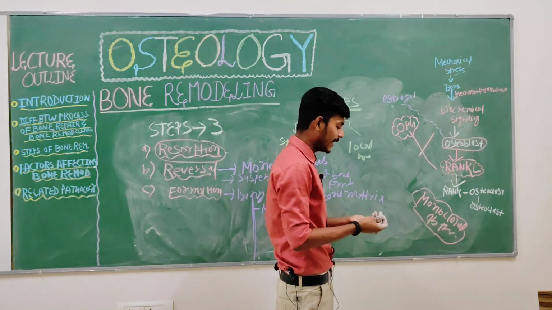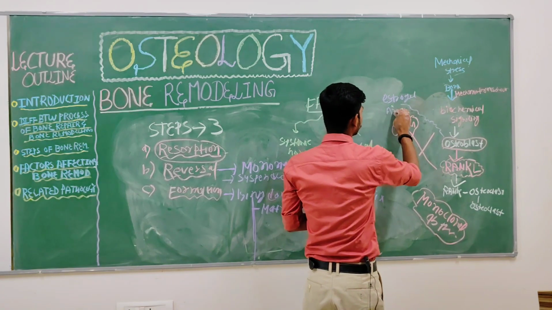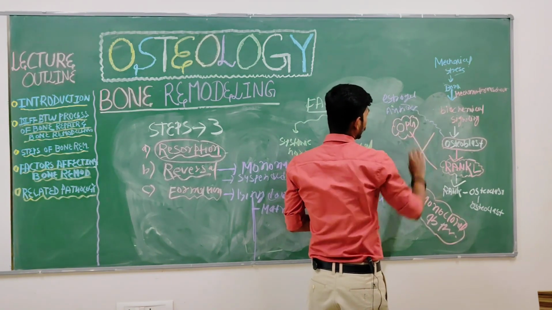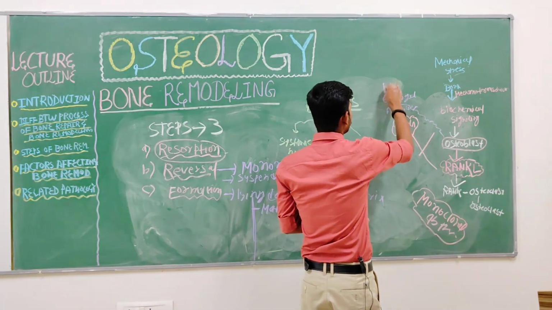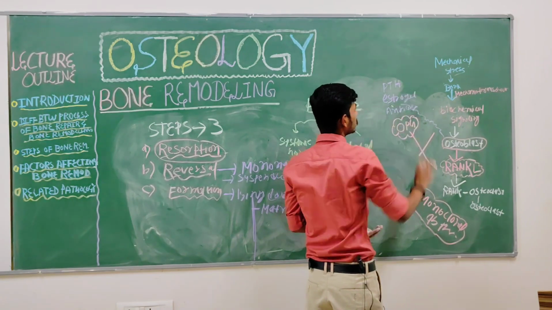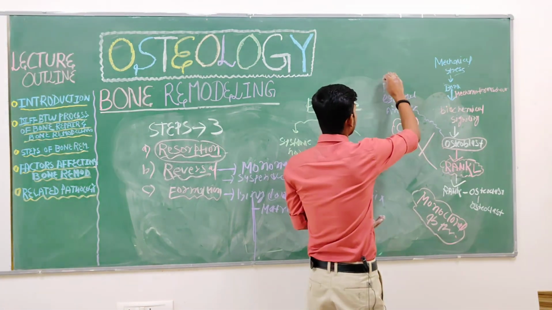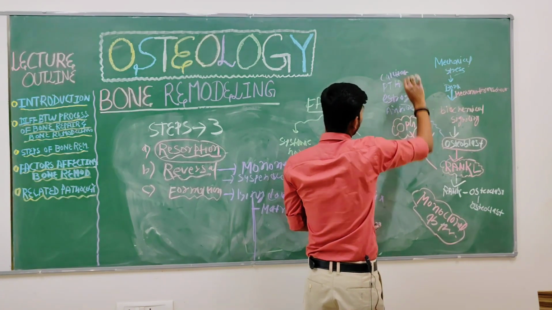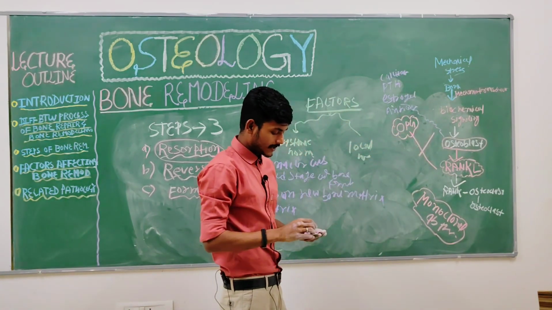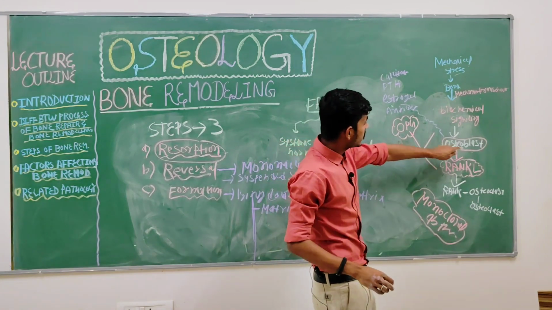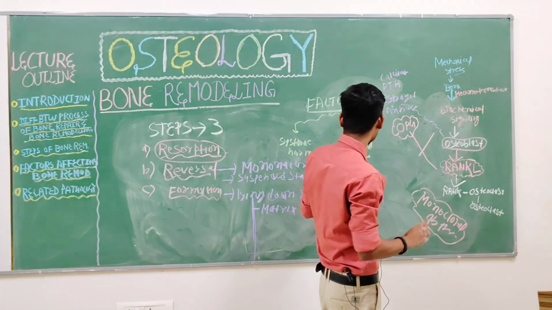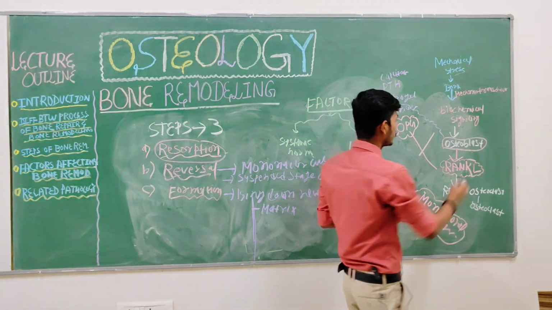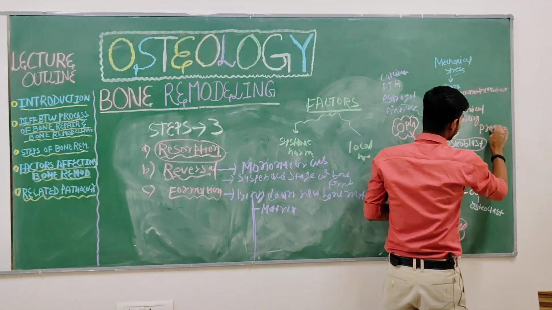Estrogen, then the androgens, the PTH, parathyroid hormone, then your calcitonin. These all affect the osteoblast. Then the activation of osteoblast is also done by local hormones like your prostaglandins.